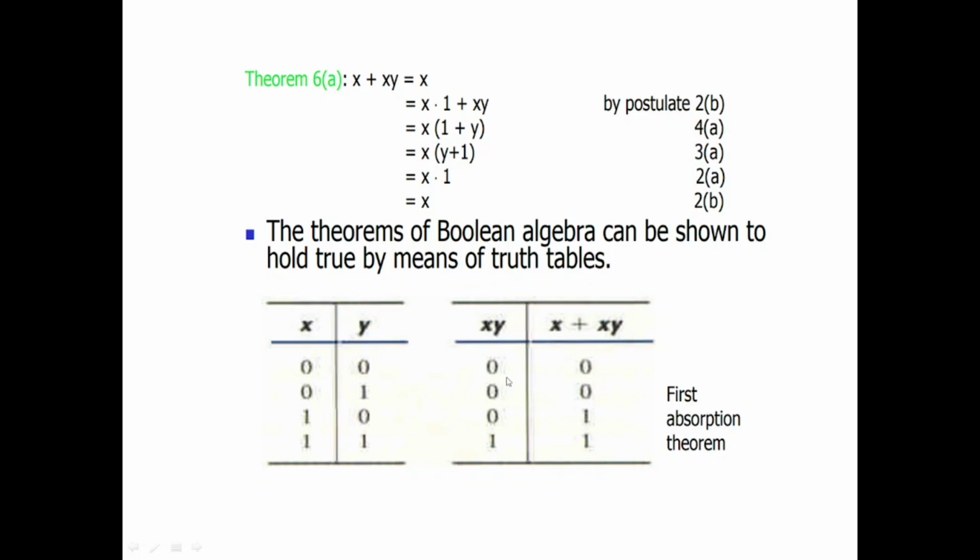So here is the proof for the absorption theorem using a truth table. This absorption theorem consists of the variables x and y, which take the values 0 0, 0 1, 1 0, 1 1. And we have to prove that LHS is equal to RHS.